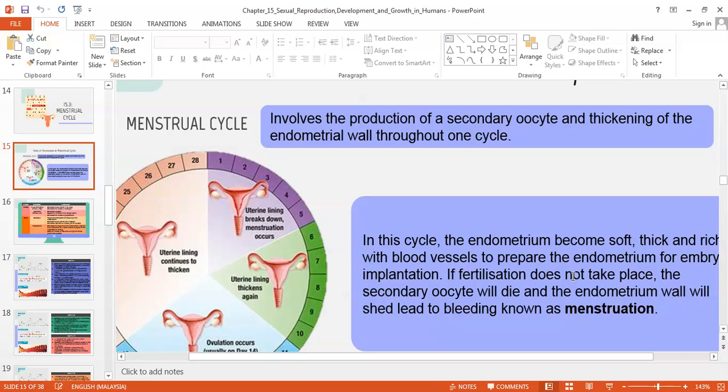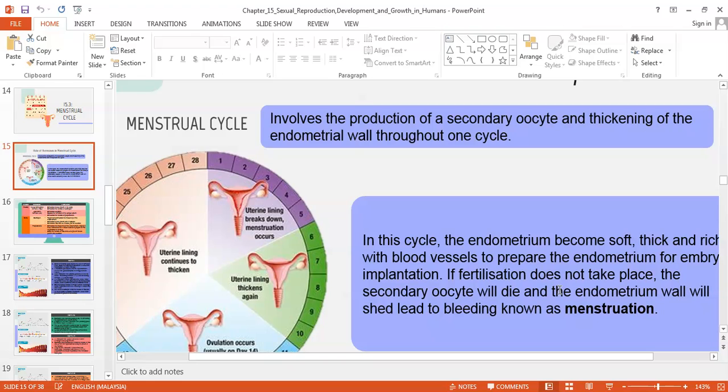Sebab apa? Endometrium tu mesti, ataupun uterine lining mesti tebal, supaya embryo dapat implant ke dalam uterine lining tersebut. Itu kalau berlakunya fertilization.